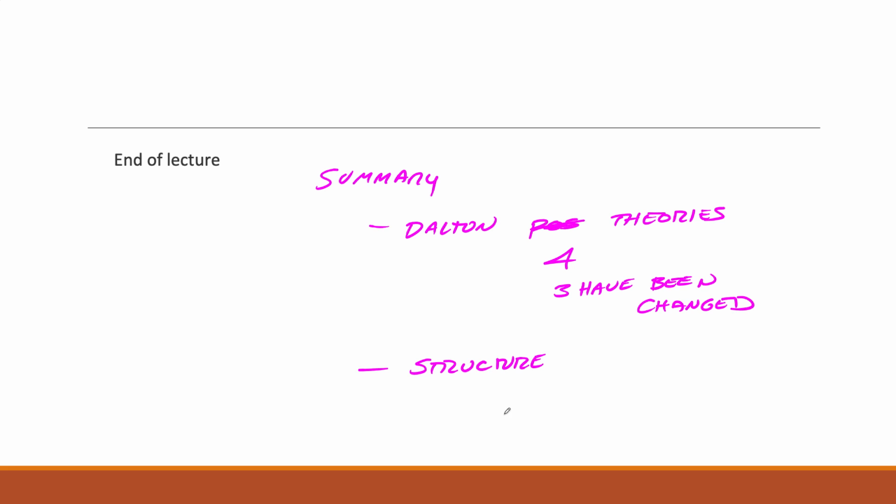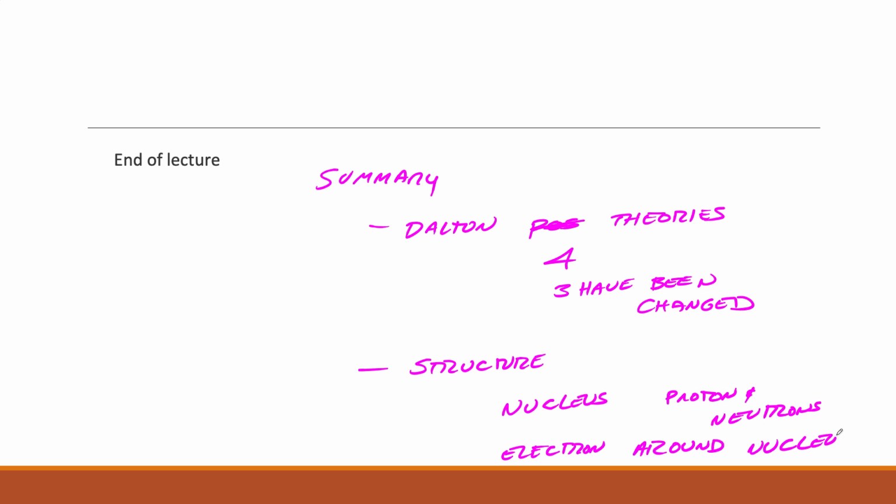We left off that we have a nucleus of protons and neutrons, and the electrons are around the nucleus. So that's the summary of this lecture. And we're going to talk more about protons and neutrons in our next lecture.